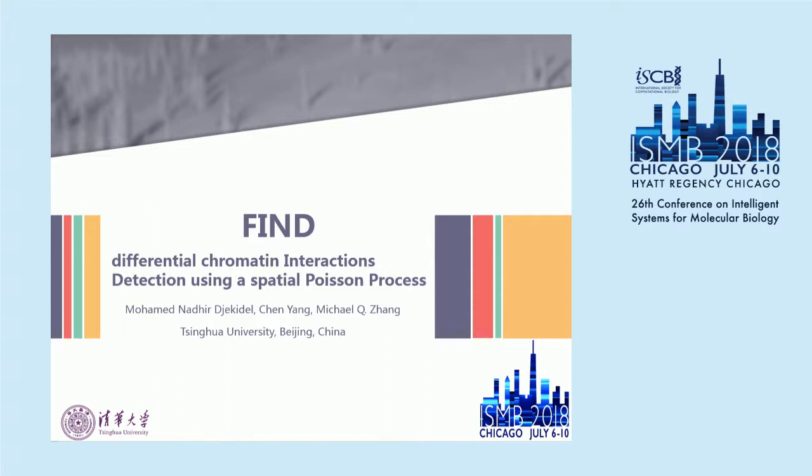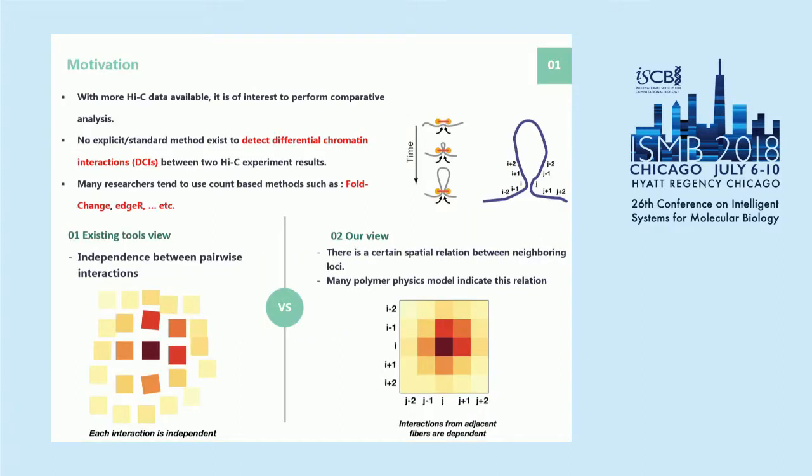So today I will add to the presentations of the morning and present another differential chromatin interaction detection method called FIND. With the availability of Hi-C data, it is of interest to do more comparative analysis.